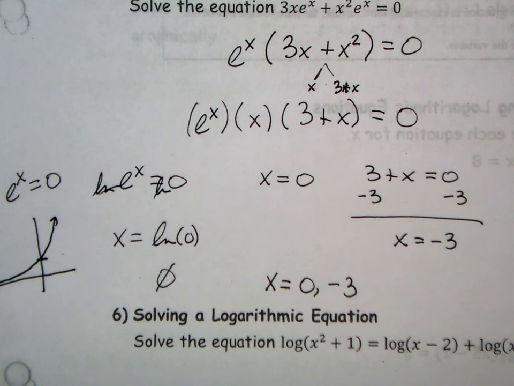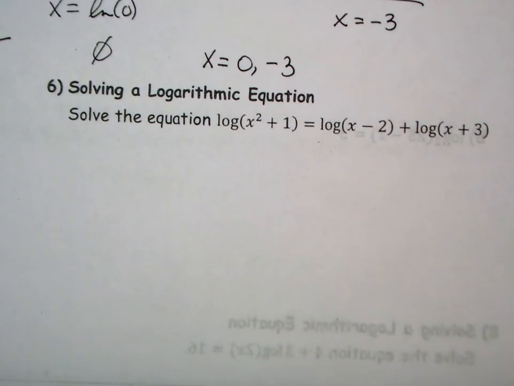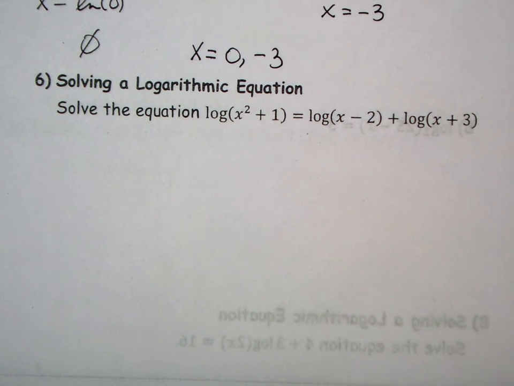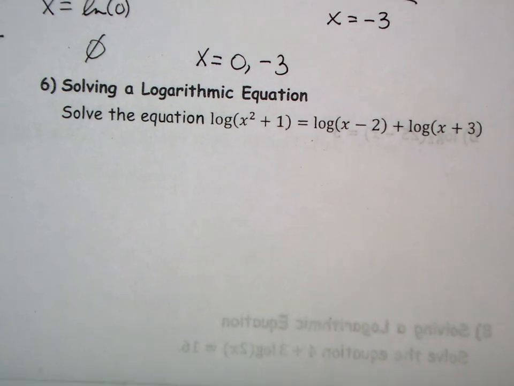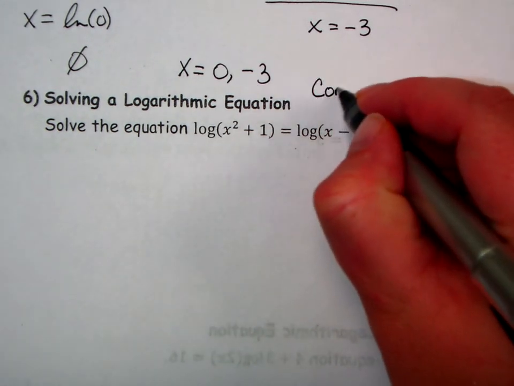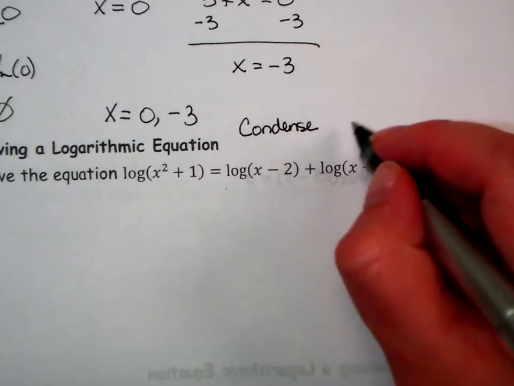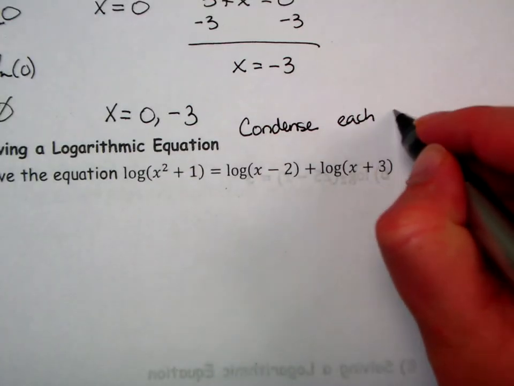So let's move on to solving logarithmic equations. The key to solving logarithmic equations is to make sure you have one log equaling one log. So we want to condense each side of the equation before we start.